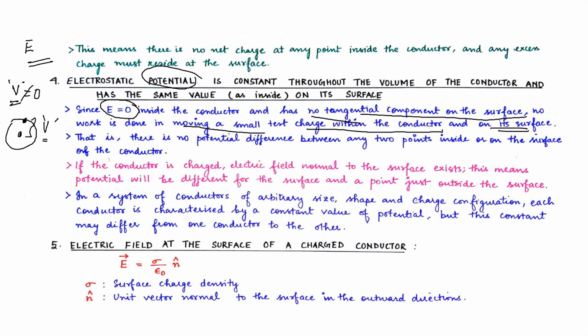What we have read in the previous point was that the surface vector and electric field vector are normal to each other. So the electric field is not tangential with the surface.